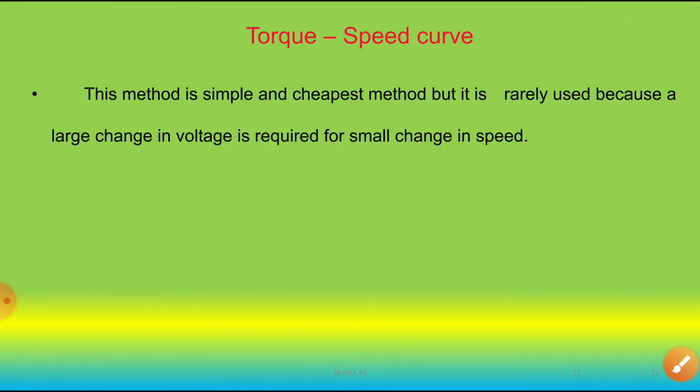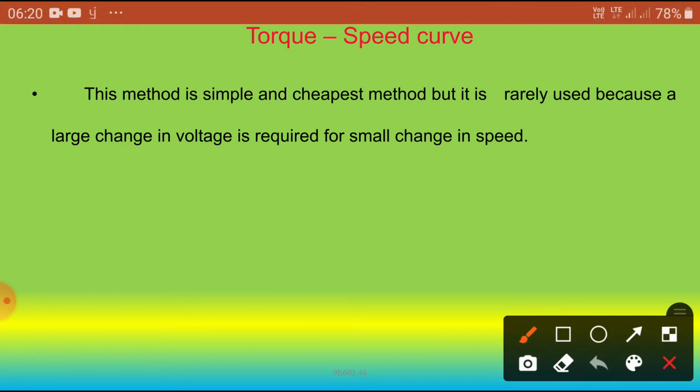Looking at the torque speed curves, this method is simple and the cheapest, but it is rarely used because a large change in voltage is required for a small change in speed. Why?